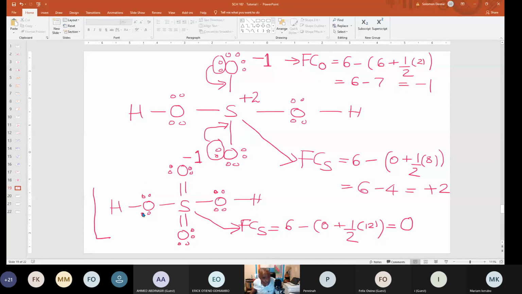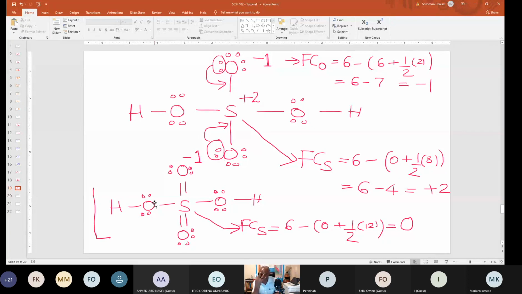But when you look at this one, if you take away the hydrogen, you will have a negative charge on the oxygen. That negative charge on that oxygen, since it is conjugated with something with a double bond, through resonance, will come to this oxygen as well as to the other oxygen. The negative charge will be shared by 3 oxygens.